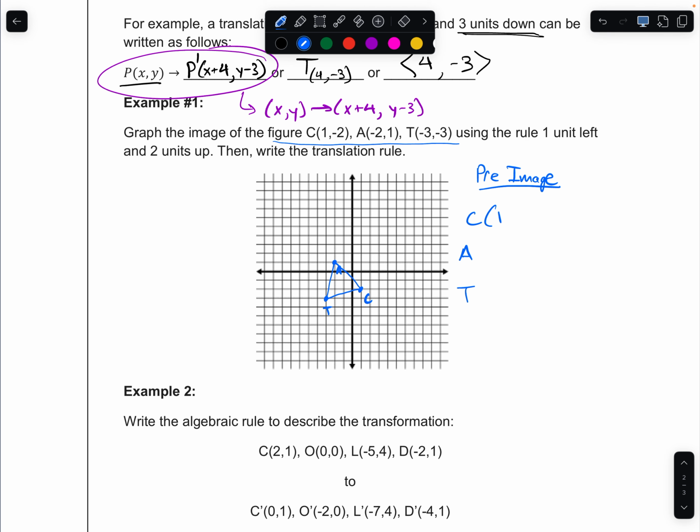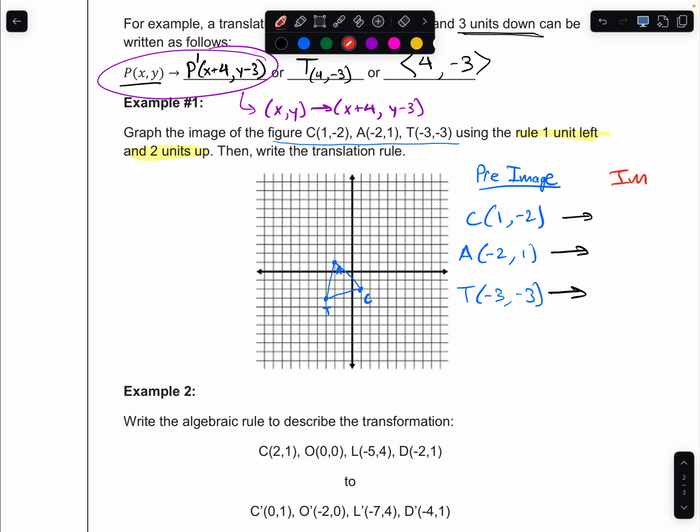And then again, we could write the ordered pairs here next to the letters. And since we're translating 1 left and 2 up, all of these points, we're going to subtract 1 from the X coordinate and add 2 to the Y coordinate.